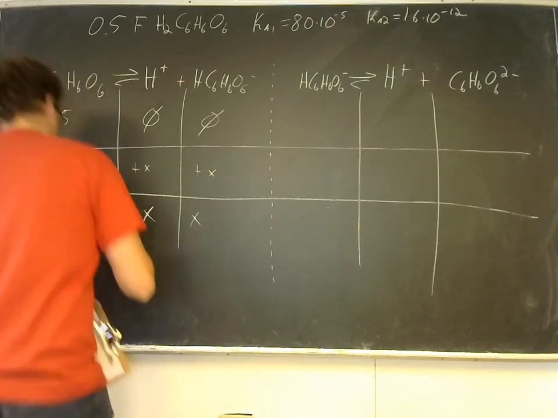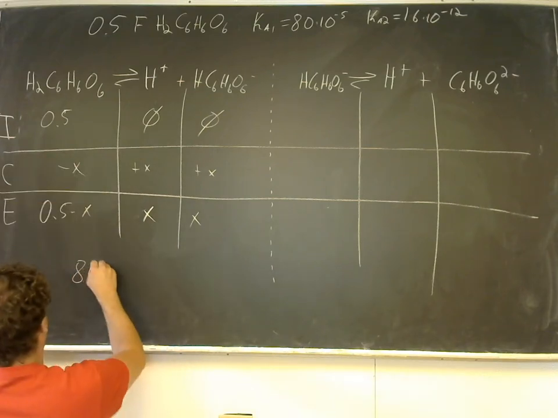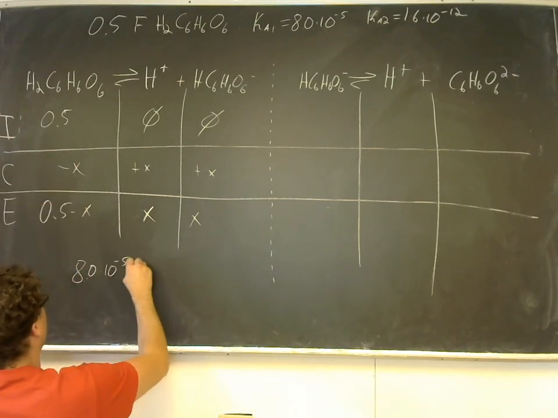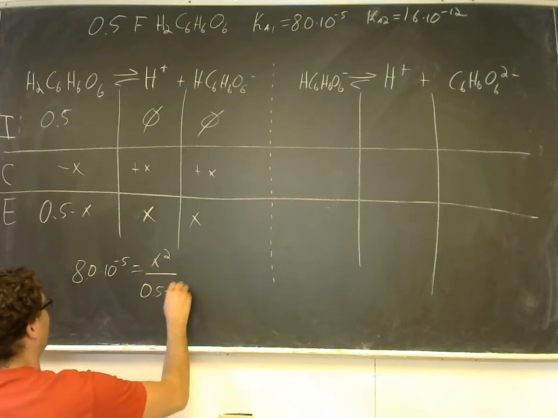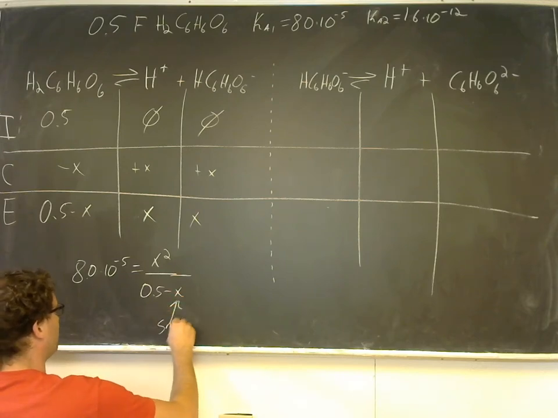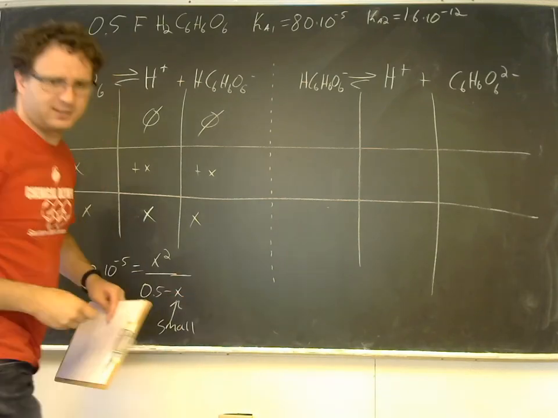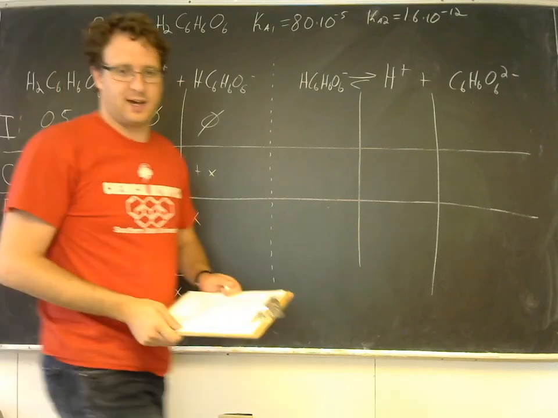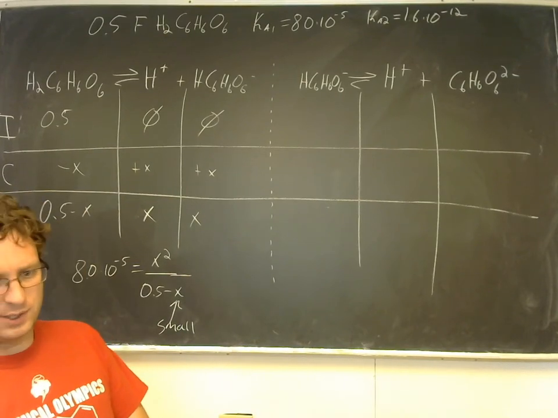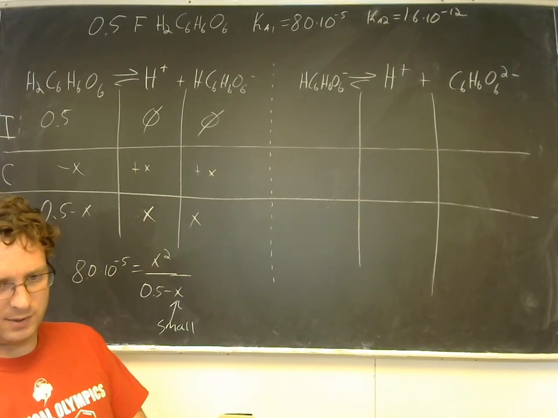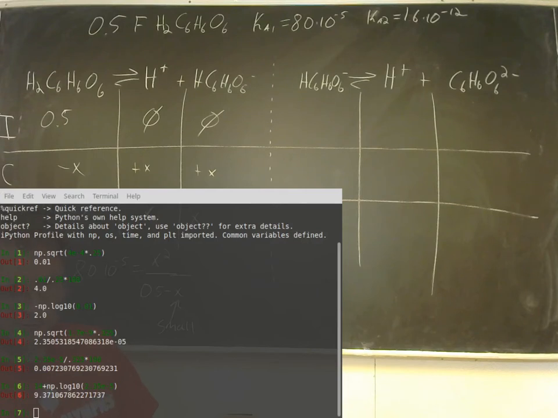We know that 8.0 times 10 to the negative 5th is going to equal x squared over 0.5 minus x. And as usual, we will assume that x is small. We can check that assumption after the fact, but I'm pretty confident that that will be a valid assumption. So we'll turn on the IPython console here.